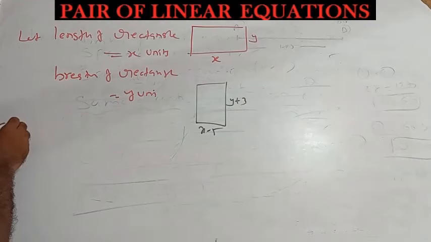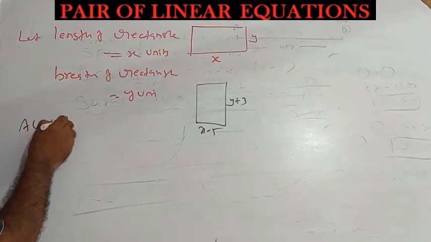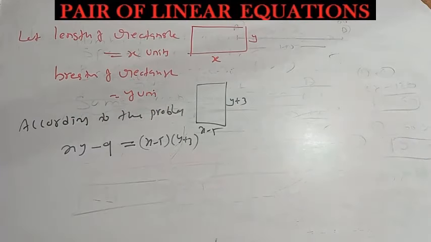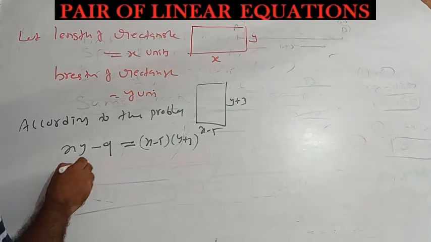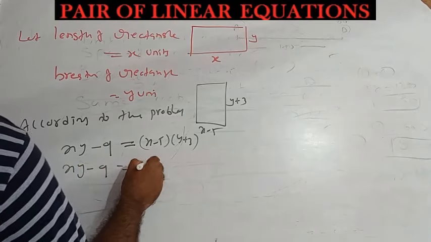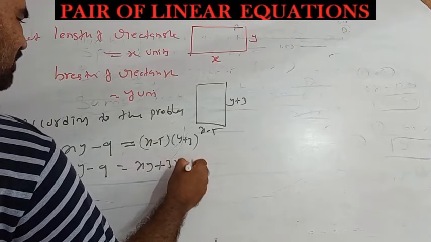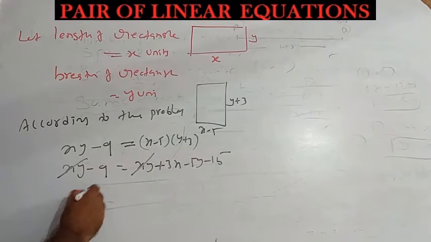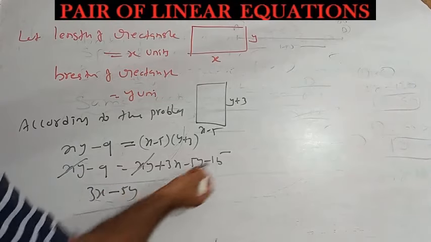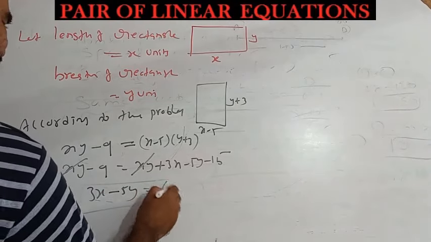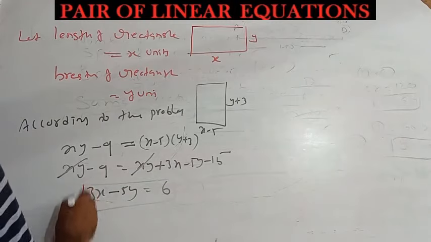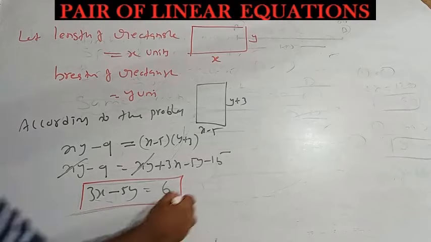According to the problem, xy minus 9 equals xy plus 3x minus 5y minus 15. xy gets cancelled. 3x minus 5y equals 6. So we got one interesting relation, 3x minus 5y equals 6. I can say this is equation number 1.